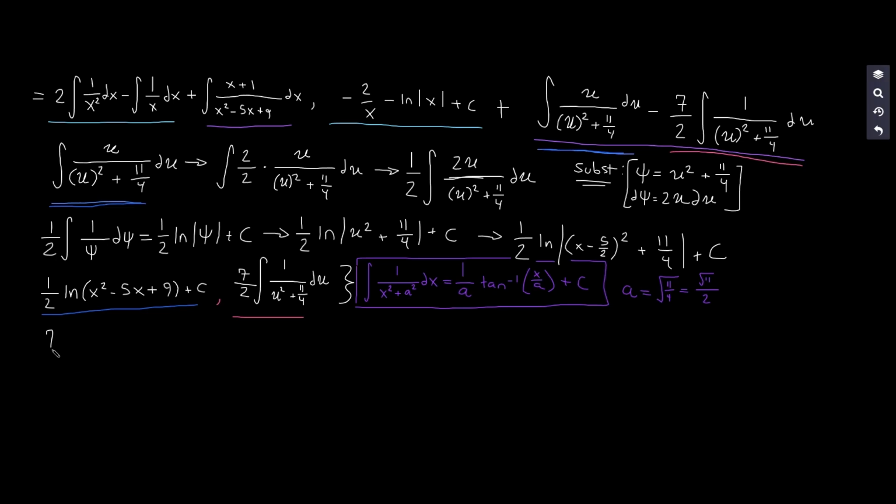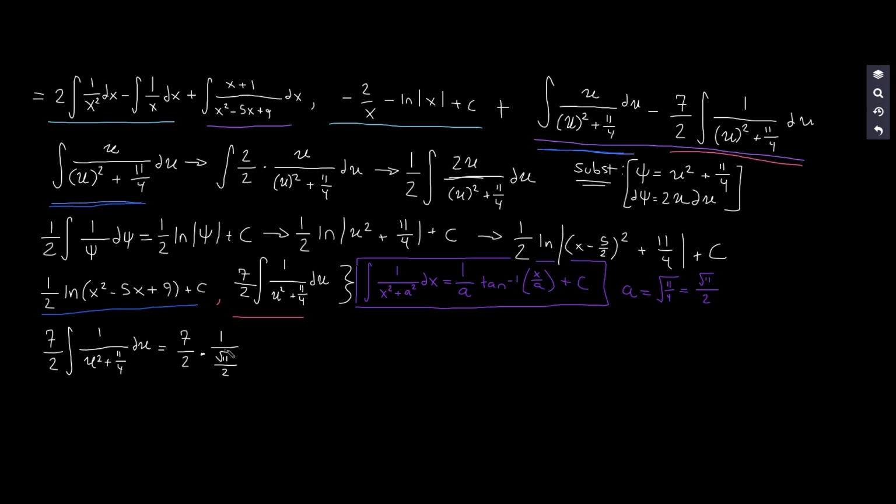We have 7 over 2 times the indefinite integral of 1 over u squared plus 11 over 4, integration with respect to u, and that equals 7 over 2 times what? Well, this is a complex fraction, so it's going to be 1 over the square root of 11 over 2.